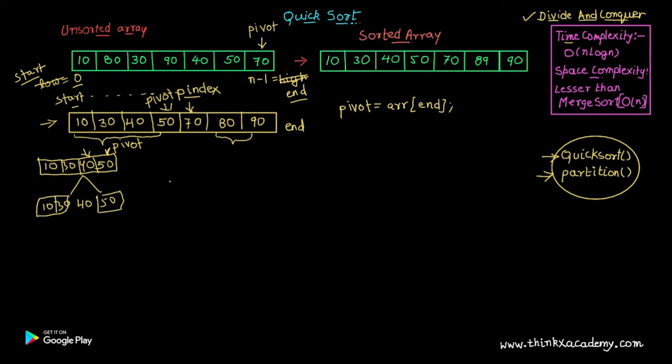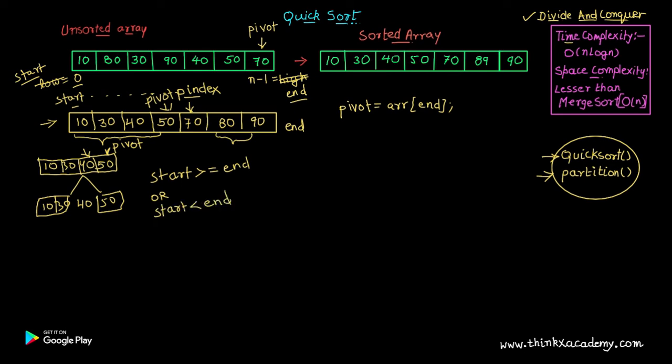We will call this quicksort function until the value of start becomes greater than or equal to the end position, or rather we will run this quicksort function, which will recursively do this partitioning of the array until the value of start is less than end.